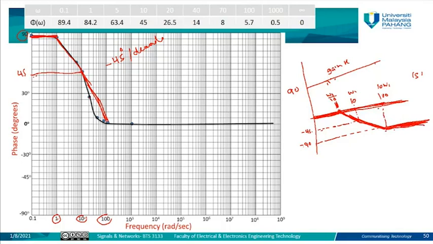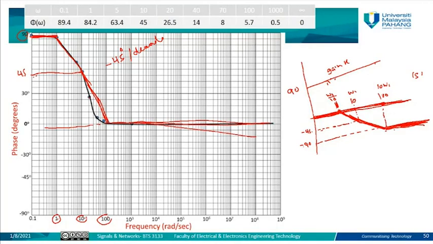So 90 plus negative 90, the result will be 0. So starting from this point, which is 100, the angle will go to 0. It reaches the 0 line at 100, then it will continue with the angle of 0 until the end.